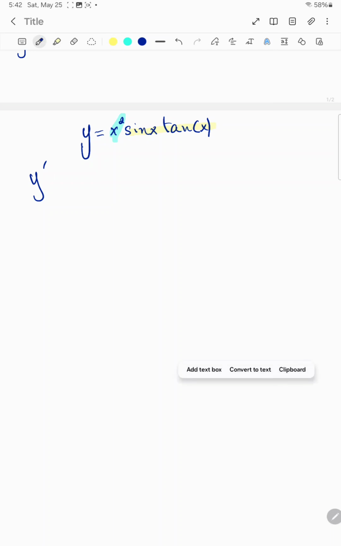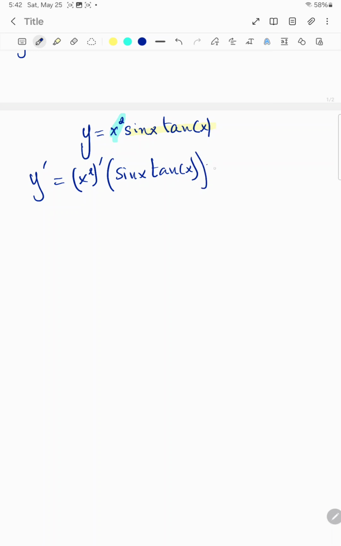So y prime is equal to u prime v, which is x squared prime times sine of x tan of x, plus u, which is x squared, times v prime, which is sine of x tan of x prime.